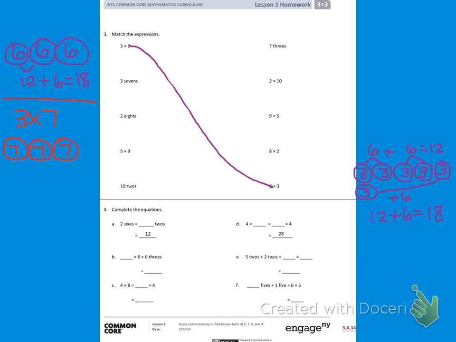That would mean that 3 groups of 7 equals the same thing as 7 groups of 3, or 7 threes. Let's check and see if that's true. 7 and 7 is 14, plus 7 more is 21.